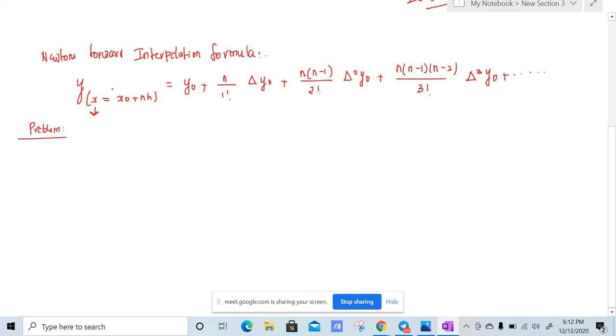So problem. Using Newton formula for interpolation, find the population at 1905.